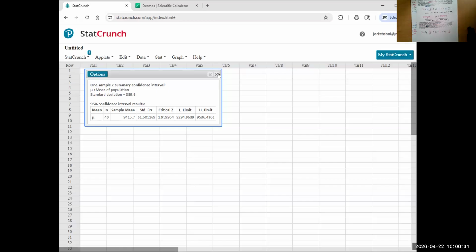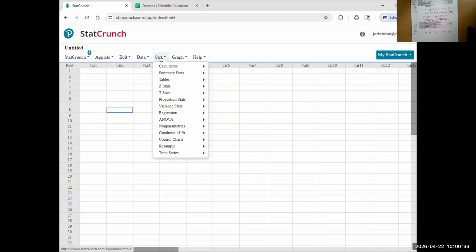So on StatCrunch, pull this one down, we don't need to see that. Now we're going to do T stats, okay? So let me make that note here on StatCrunch. When we only have the sample standard deviation, we go to the Stat menu, then down to T Stats. We have one sample that we're working on with summary statistics.